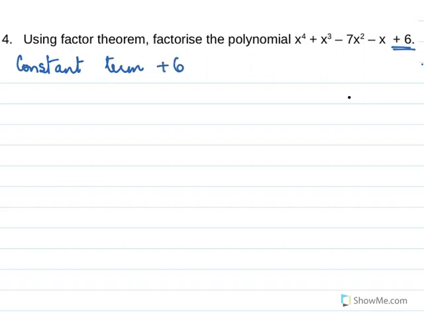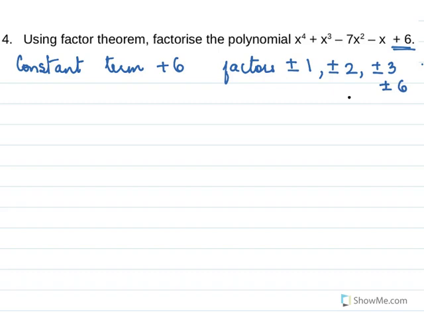So which means the factors of plus 6 could be plus minus 1, 2, 3, 6. These are all factors of 6.